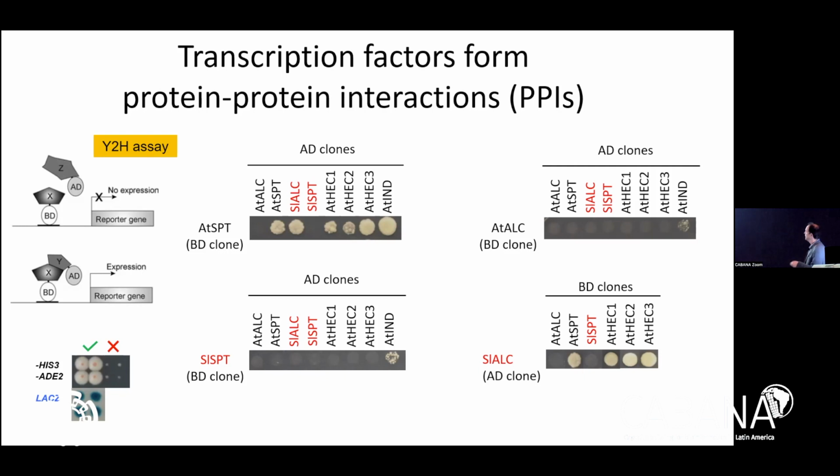There are many gene names there, all transcription factors very important for gynoecium development. The names are not important now, but here we have SPATULA from Arabidopsis, and here we have SPATULA from tomato. The point that you can see is, when we see yeast growth, there's interaction. Here are many interactions, and here we almost don't see interactions.